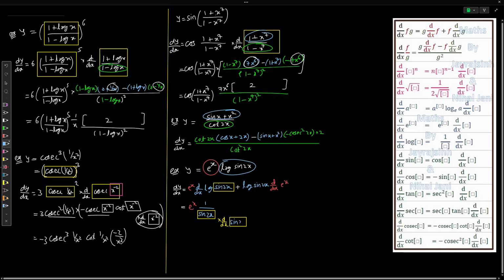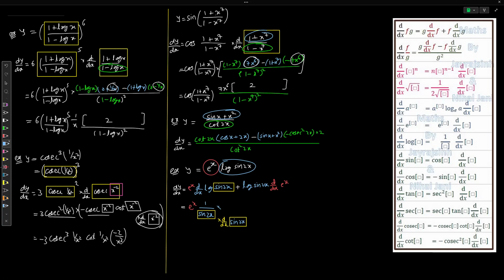So differentiation of sin 2x will be cos 2x into coefficient of x, 2, plus log sin 2x will be as it is, and differentiation of e raised to x will be e raised to x.